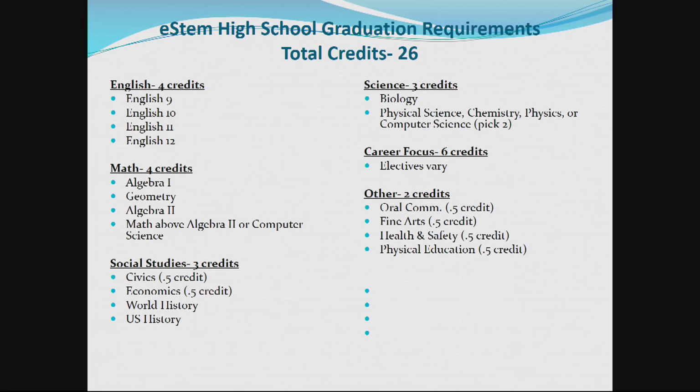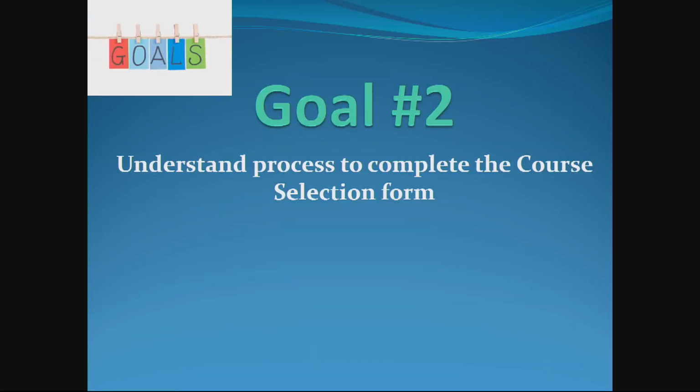Like we mentioned, Eastham requires an additional 4 credits for a total of 26 credits. As you know, our Eastham motto is college ready, career ready, world ready. In order to be truly world ready, we believe that students must have exposure to a foreign language.